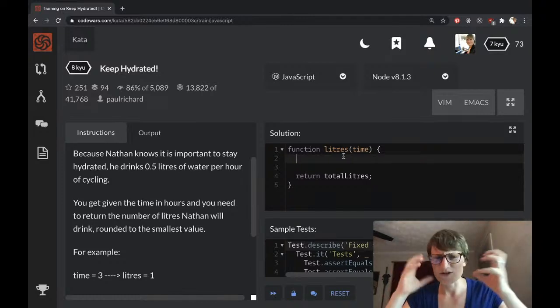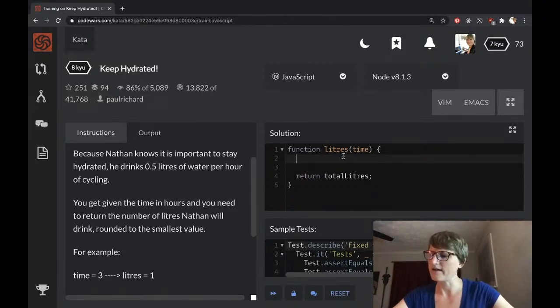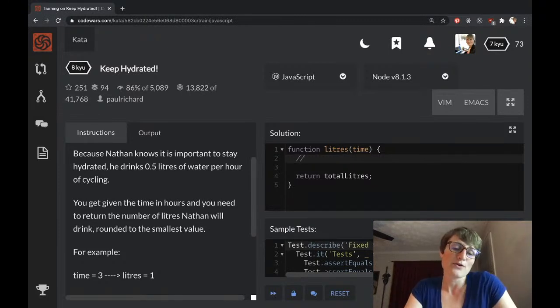Yeah, but juggling things around in my head is really hard for me. Writing things down or drawing pictures helps, but even just looking at the words and the numbers, it just doesn't make sense in my mind. I need to put it out. So anyway, that's what pseudocode is for, right? So I'm just going to say 0.5 per hour, okay?